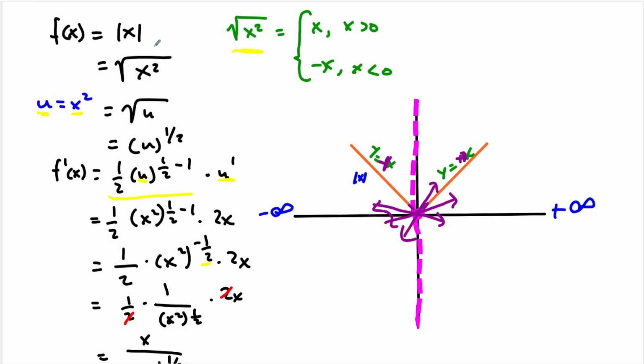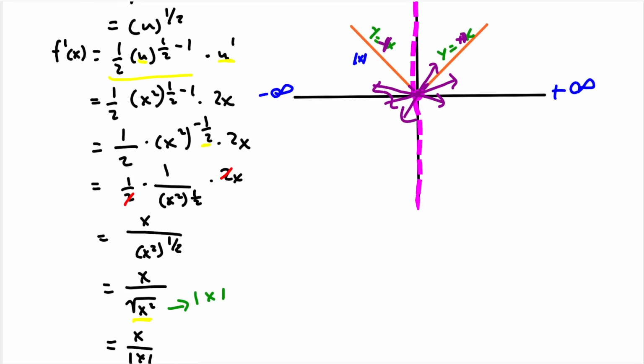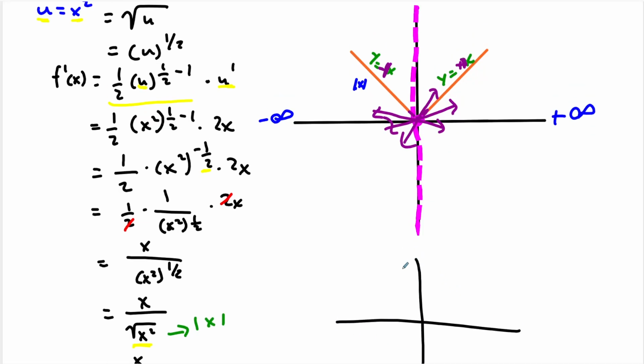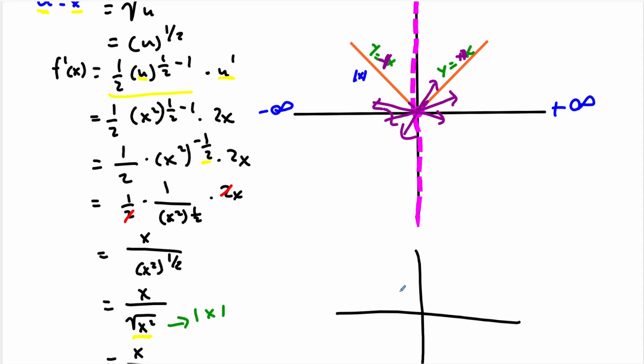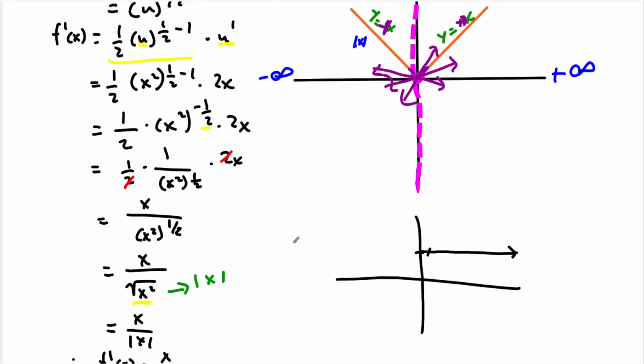So really, what the graph should look like for the derivative is, well, forget the straight line segments, but I'm just going to say here: for y equals positive x, to the right of 0, it's just going to be 1. And to the left of 0, with negative x, this is going to be negative 1.